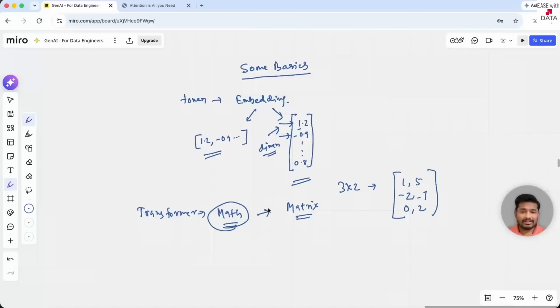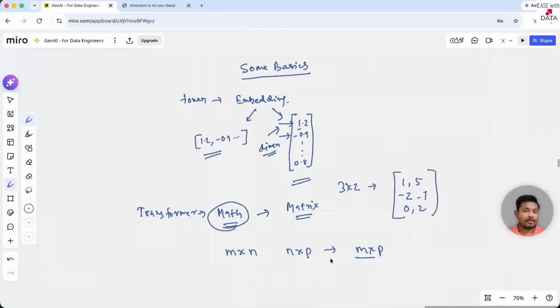Now, in order to understand transformers well, you have to do a lot of math calculations. I'll try to make you understand how the math works, but if you are confused, you can ignore the math part. Still, you would be able to understand how transformers work. Just keep one thing in mind: for matrix multiplication, consider you have one matrix of size m cross n and another matrix of n cross p, then your output would be m cross p.